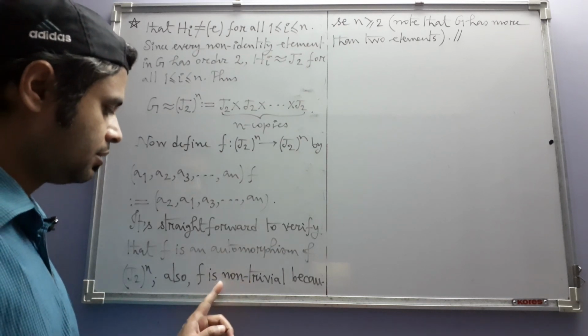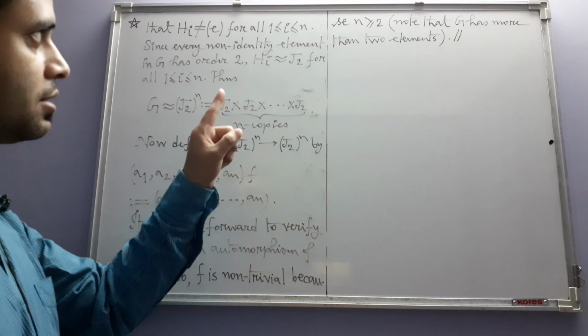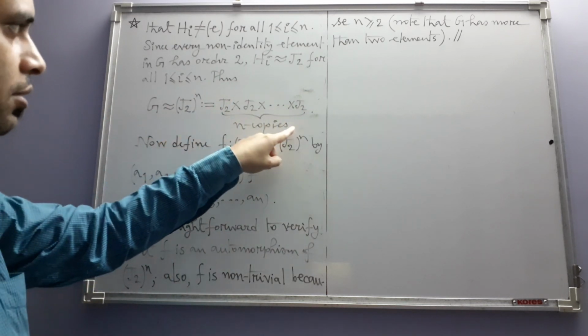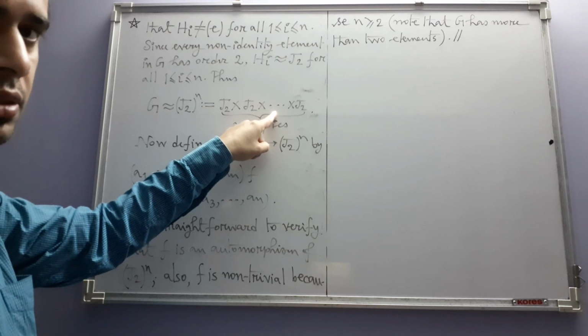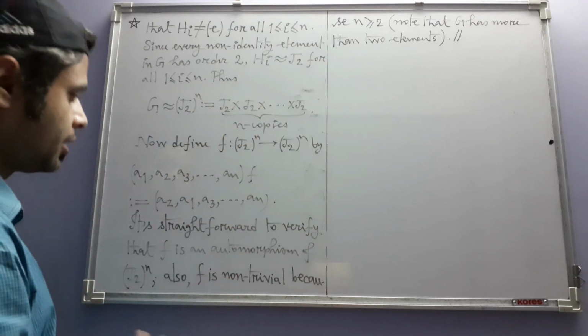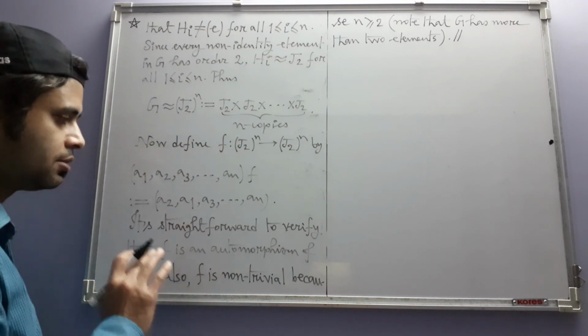And we are writing this is non-trivial because n is greater than or equal to 2. The number of copies of J2 we have in this direct product is at least 2. That's why this automorphism is non-trivial.